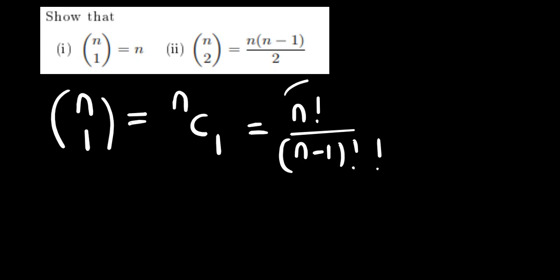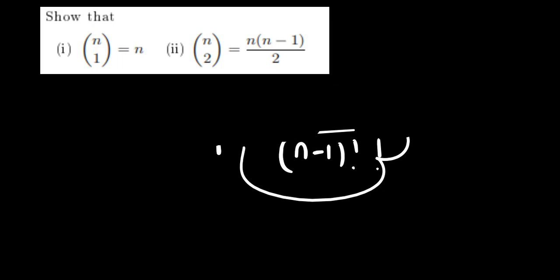So this is a general way of solving factorials in terms of combinations. Now we're trying to show, so it means we have to prove, that n choose 1 is going to give us n in this first expression.